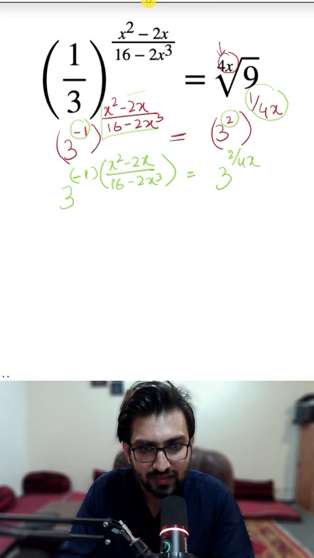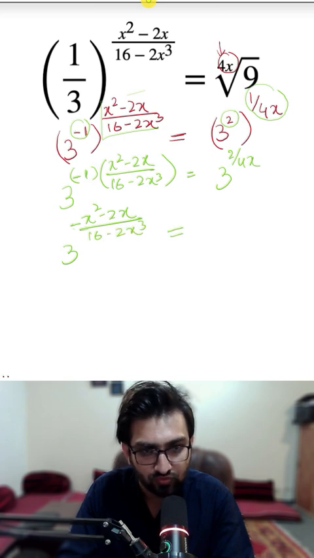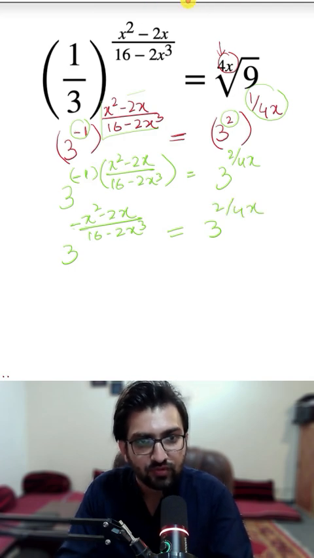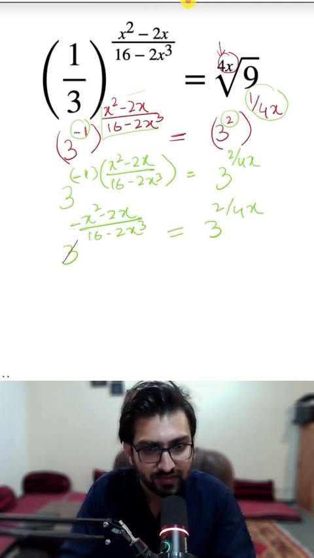Okay, so let's multiply that minus 1 inside the bracket with the numerator, so it will become minus x square minus 2x divided by 16 minus 2x power 3 and equal to 2 divided by 4x. So now we can simply cancel out this 3 with that 3.